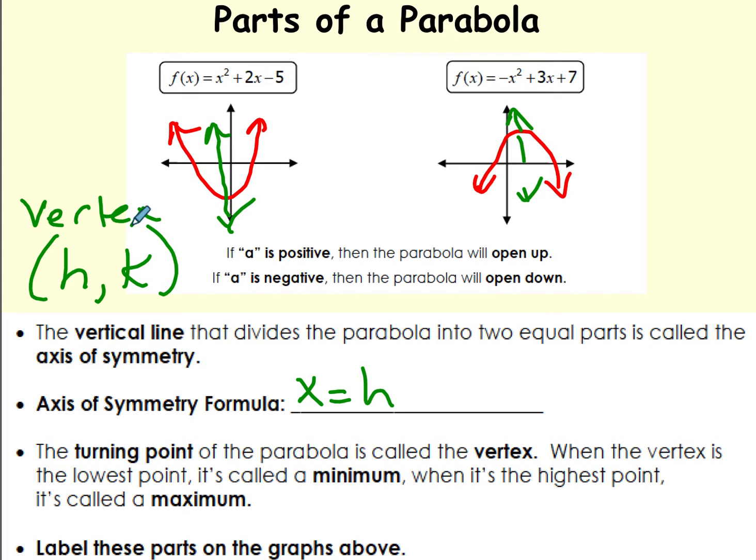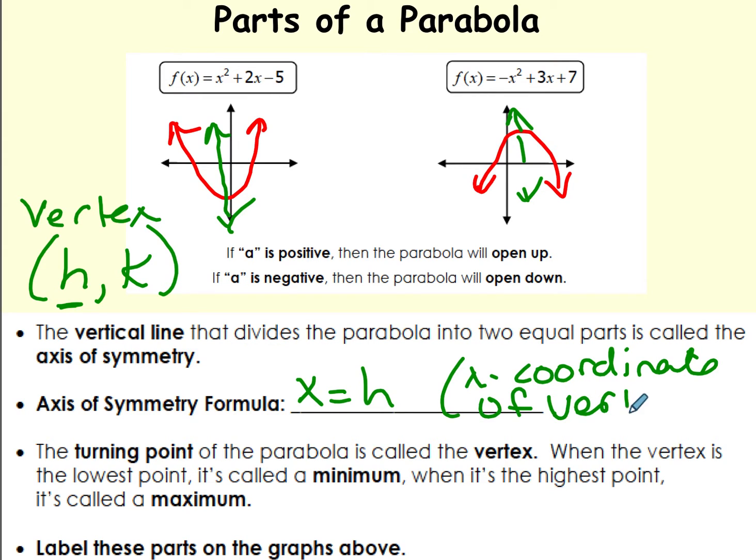So x equals the x coordinate of the vertex. Okay, that turning point that divides the left side and the right side is called the vertex. And when the vertex is the lowest point, like this one, it's called a minimum, but over here it's called a maximum. So this is a minimum, this is a max.